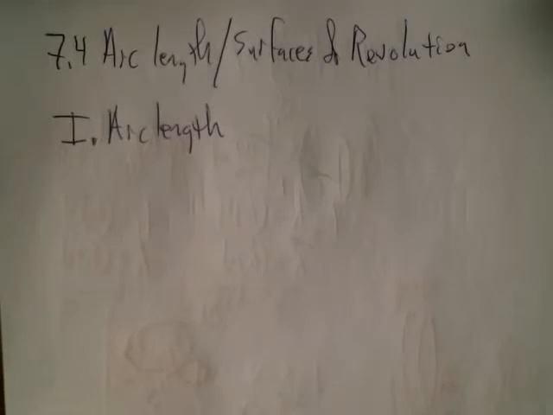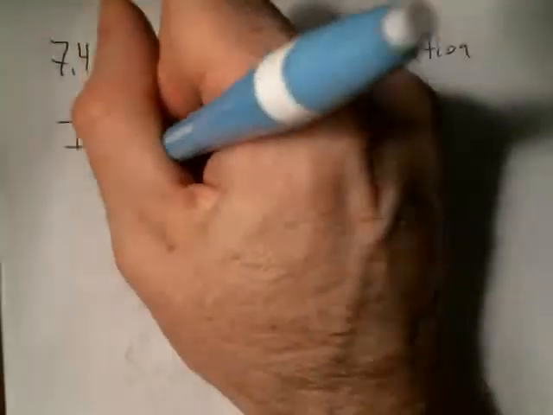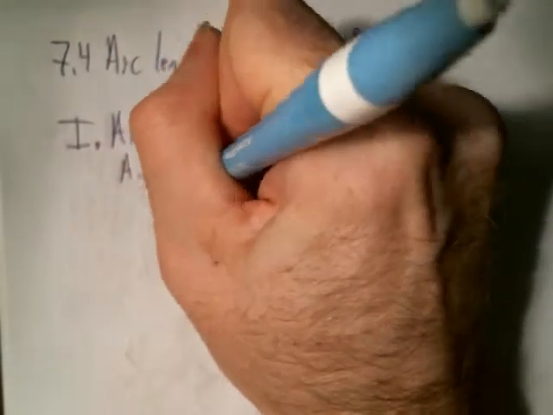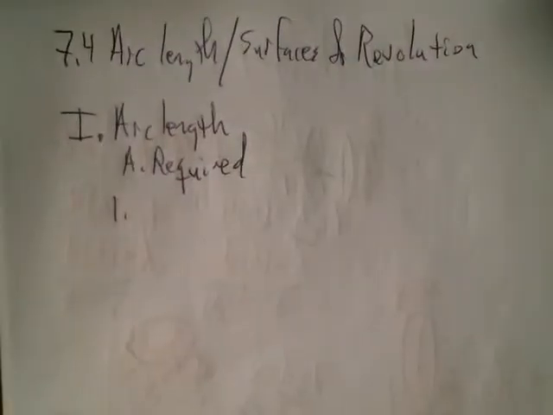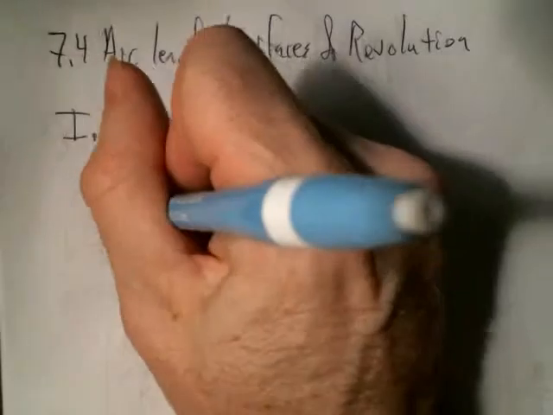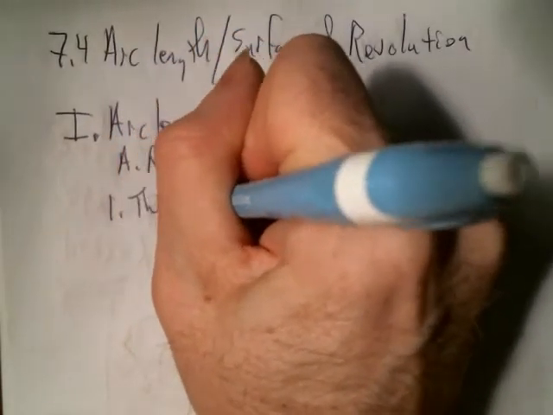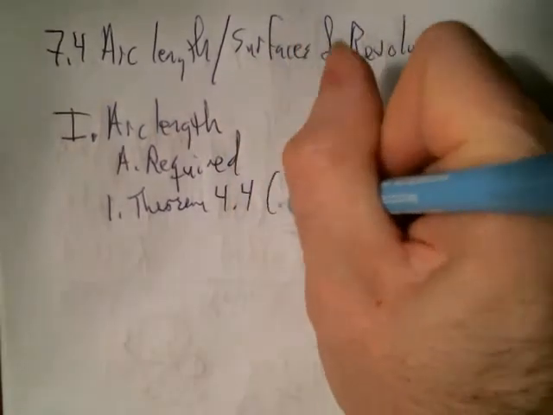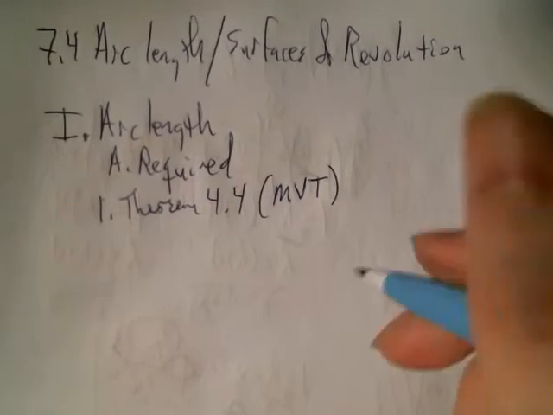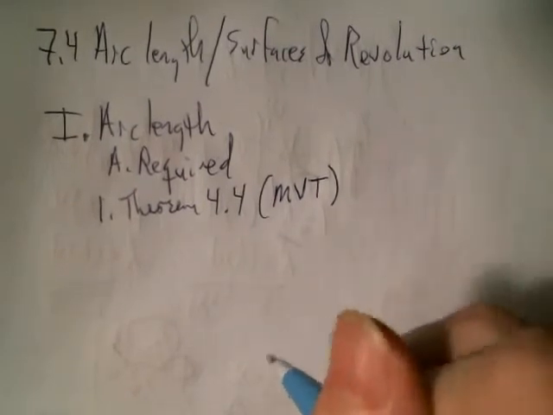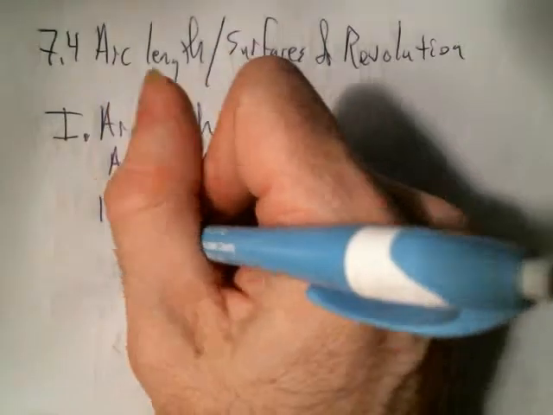Okay. So for arc length, for this formula to pan out for us, we're going to need two things. So, some required intel. Firstly, the mean value theorem, which was theorem 4.4, which you probably remember in its graphical version. There are obviously requirements for this to pan out.